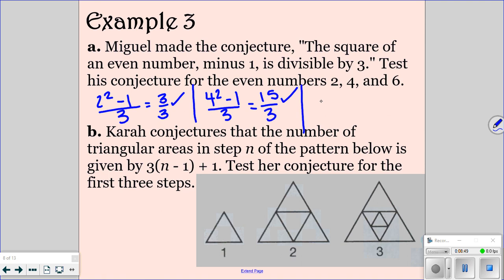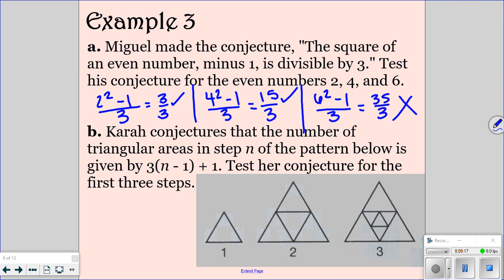Now let's test 6. 6 squared minus 1 divided by 3. 6 squared is 36, minus 1 is 35 over 3, which does not work because that does not come out as a whole number. Okay, so that's how you can test a conjecture. So it's true for the first 2, it's not true for 6.